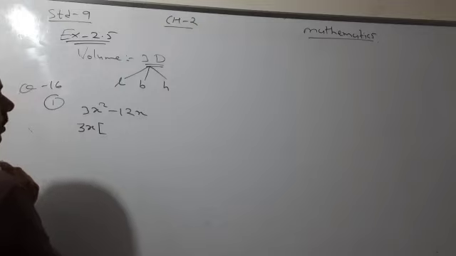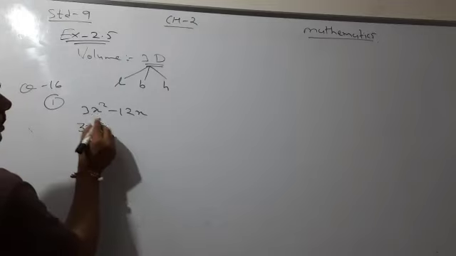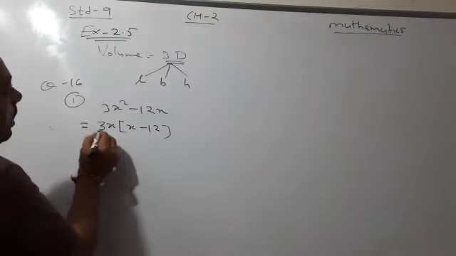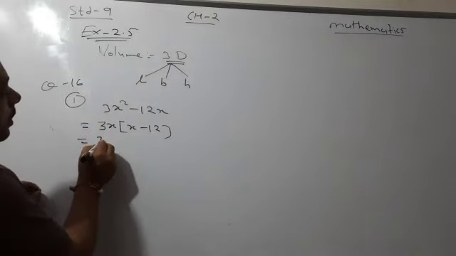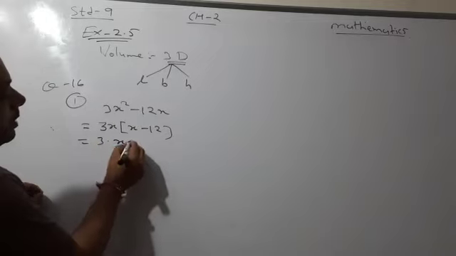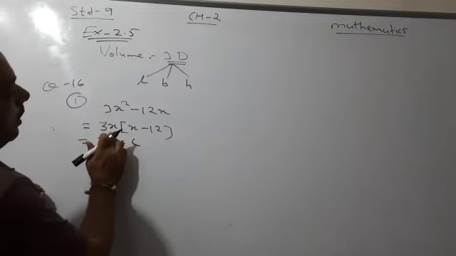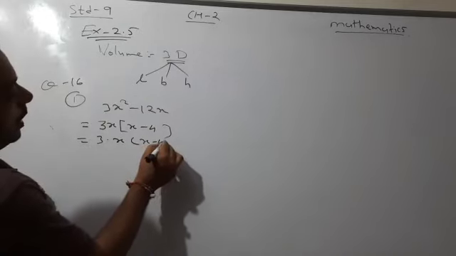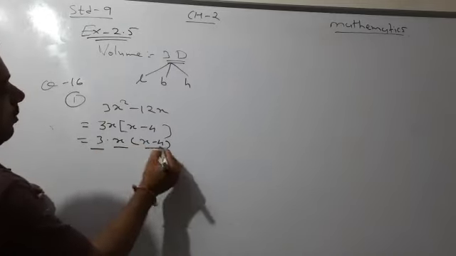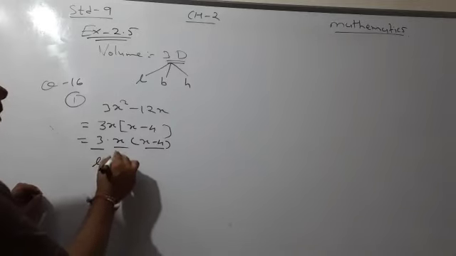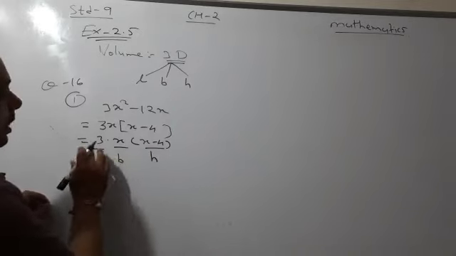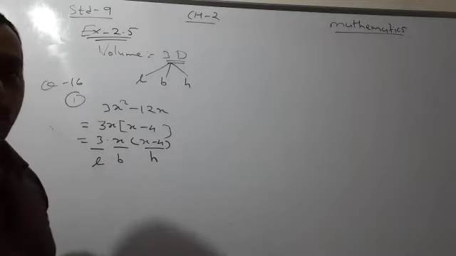What is left is x minus 4. So 3 into x into x minus 4. One of them is considered as length, width and height. This way, these are the dimensions of the cuboid.